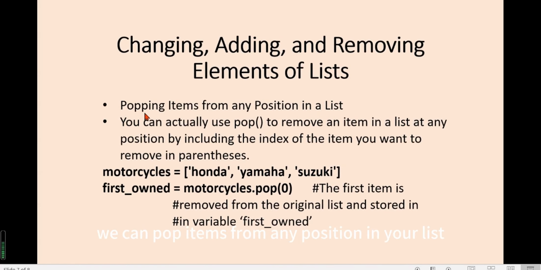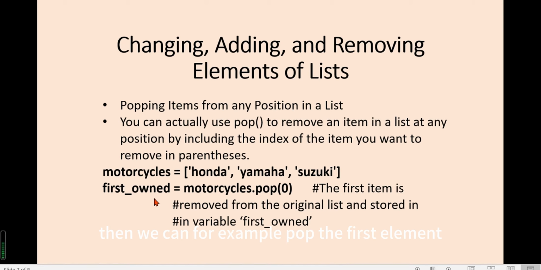And actually we can pop items from any position in a list. You can use pop to remove an item in a list at any position by including the index of the item you want to remove in parentheses. So the original list is motorcycles having 3 elements.